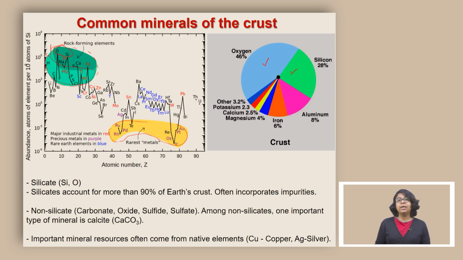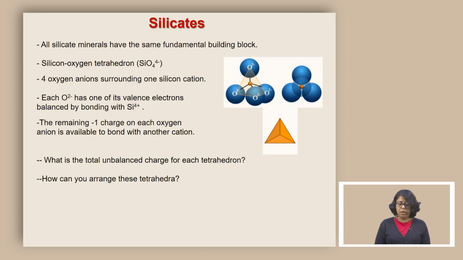How many different types of silicates can we find, and is there an ordered arrangement of silicates that we can expect? Silicates are minerals that have the same fundamental building block: a silica oxygen tetrahedron.